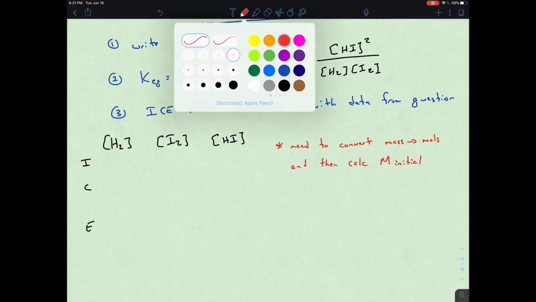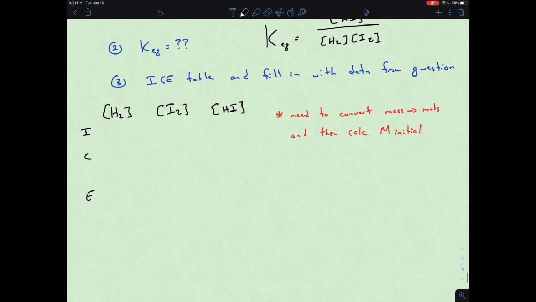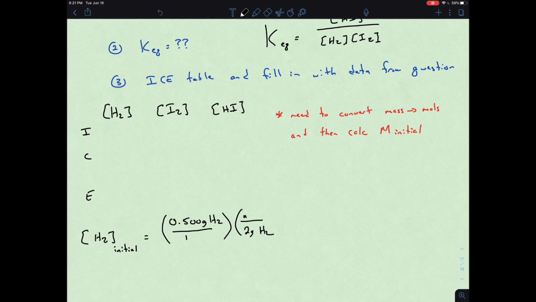If we do those calculations, we could start down here with our initial H2, and that would be taking our mass, the 0.5 grams of the H2. Hydrogen roughly weighs 2 grams per mole.